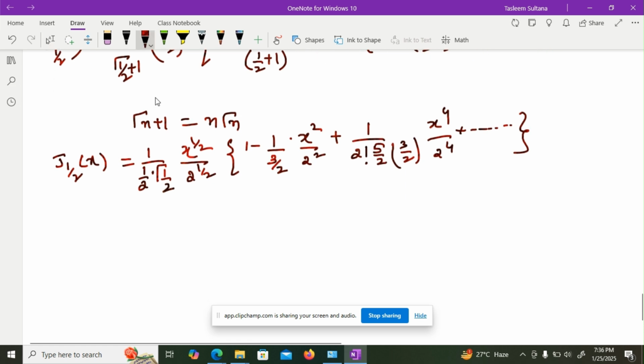We also know that gamma half value is equal to root pi.